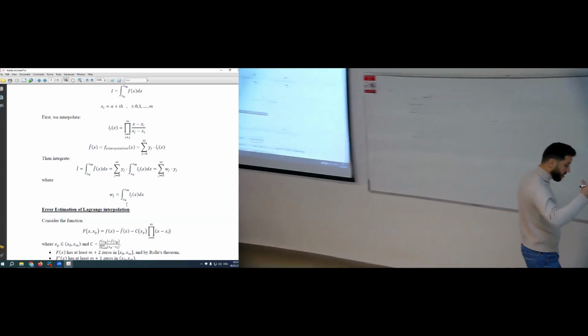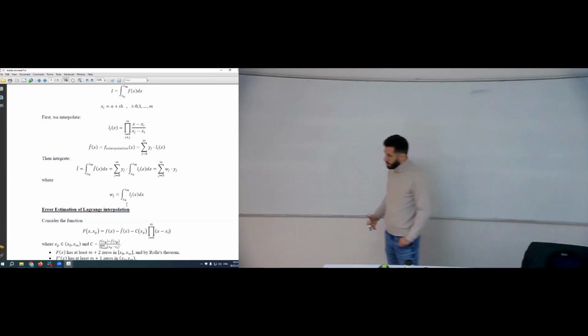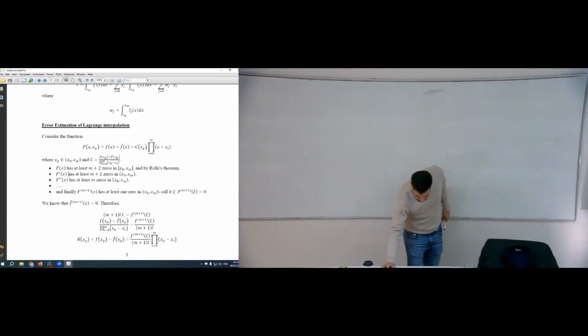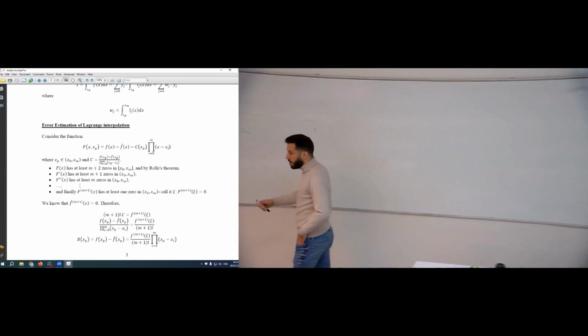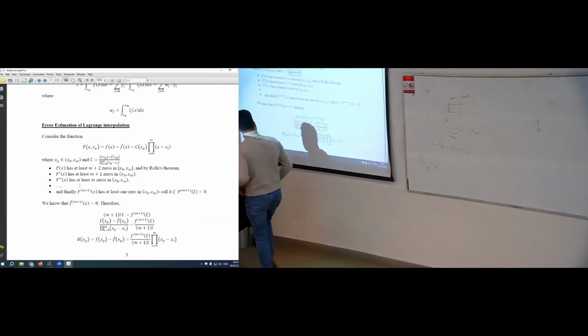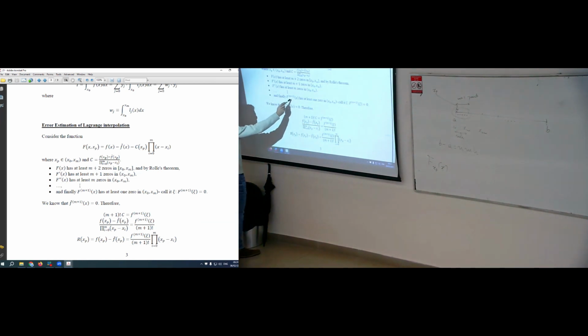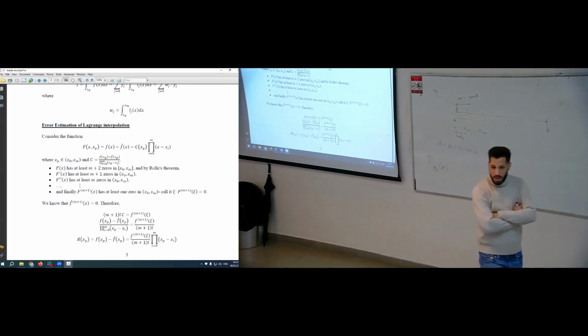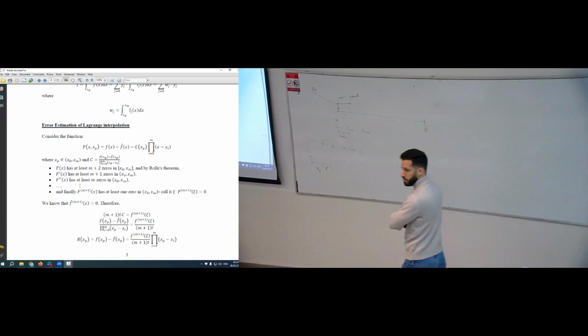And again, by Rolle's theorem, the second derivative of it has m zeros. And we do this inductively. And then finally, the m plus 1 derivative has at least one zero in this range. I don't know at which point, but I call it xi. It is some point between x0 and xm.